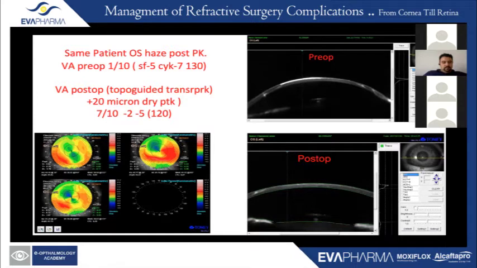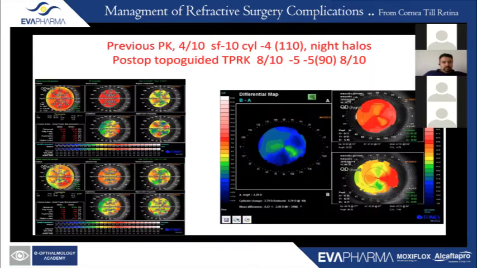That is a technique that I use very much to smoothen the stromal bed after the first trans-PRK. And as you can see, I have a beautiful result and a very regular astigmatism and just some residual scarring of about 10 micron. And this is important because now the patient can see very well, and these residual stromal scars do not really affect the visual acuity.